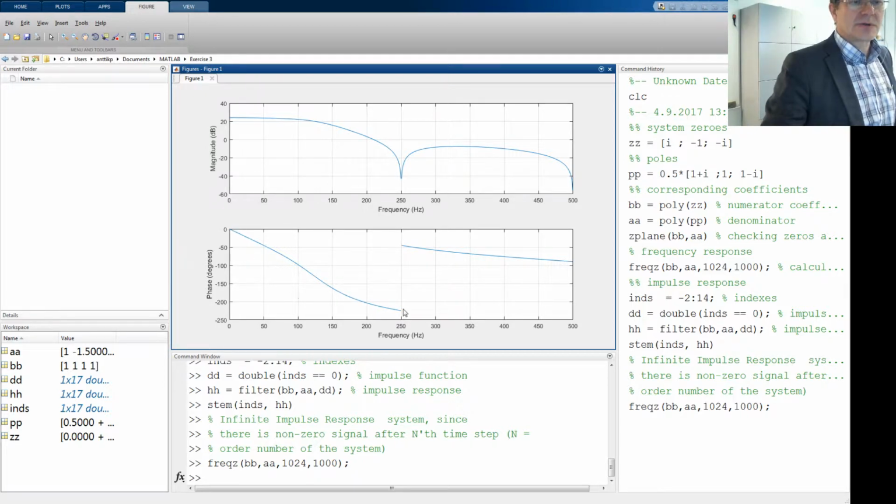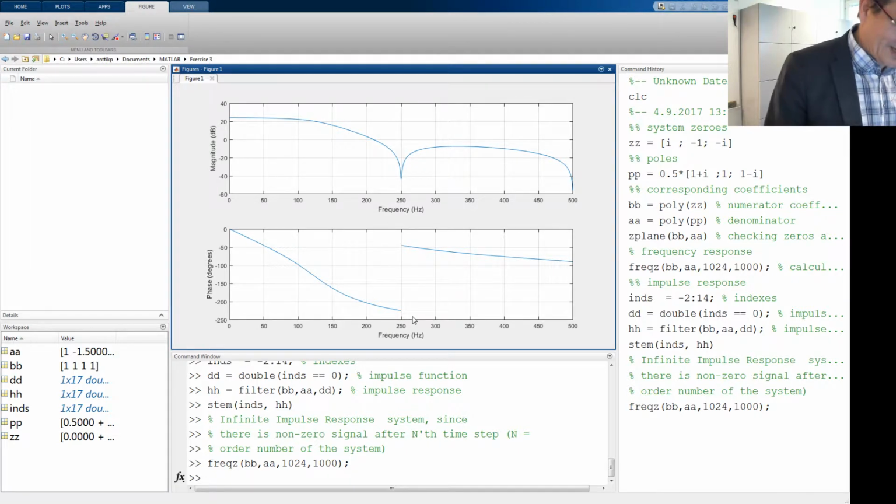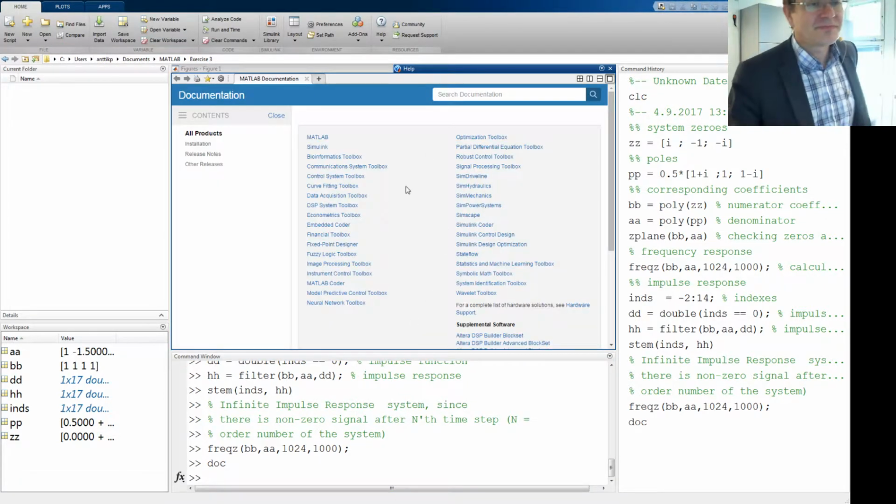But then we also should take a look at the group delay. I don't just remember what was the name of the function to calculate the group delay. I should take a look at the documentation.